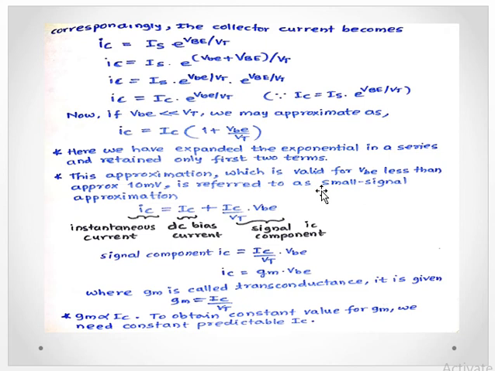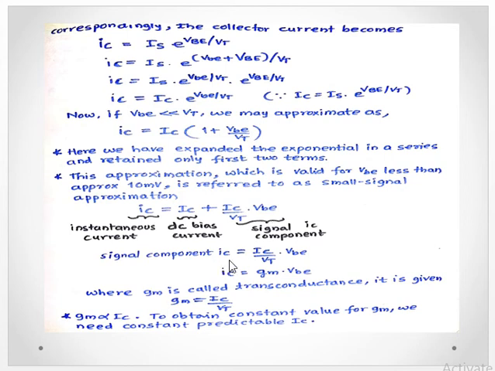This approximation, which is valid for vbe less than approximately 10 millivolt, is referred to as the small signal approximation. The instantaneous current iC has a DC bias current and a signal component.